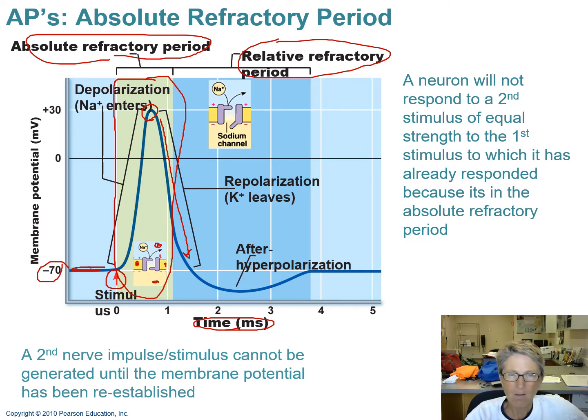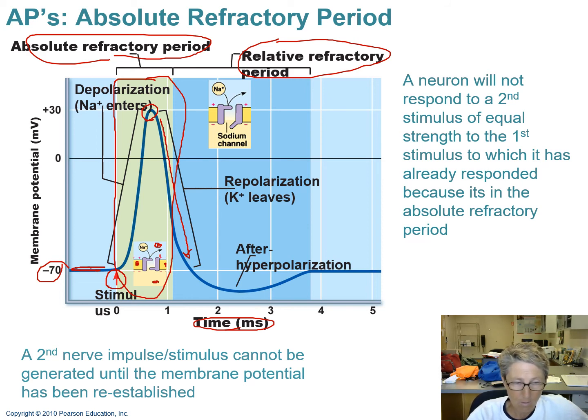The relative refractory period, on the other hand, the sodium gates are closed, but they are capable of opening if you fire a strong stimulus. So let's take a look at what it says. A neuron will not respond to a second stimulus of equal strength to the first stimulus to which it has already responded because it's in the absolute refractory period.